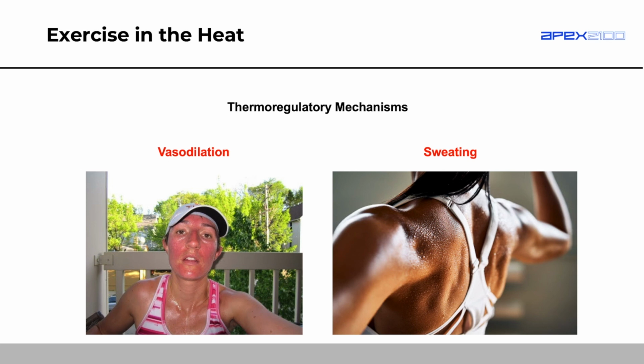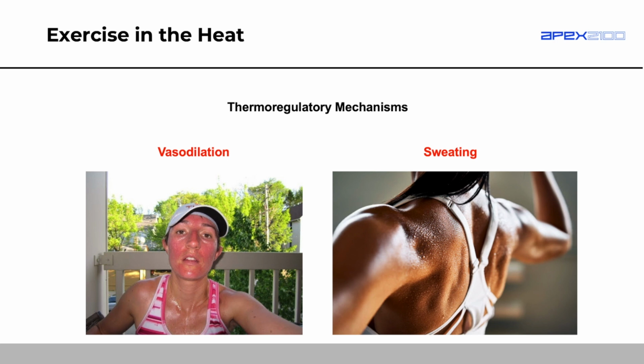The way that we control this is vasodilation, where the blood flow goes to the skin to cool down. That's why you get a red face when you exercise. And sweating as well. Sweating is the second thing that will happen when we're exercising, especially in the heat. And these both hinder our performance. They're both taking the blood that we need from the muscle to other areas.